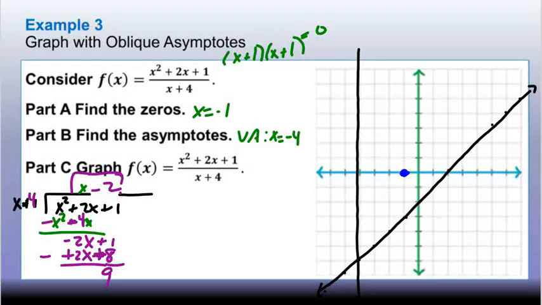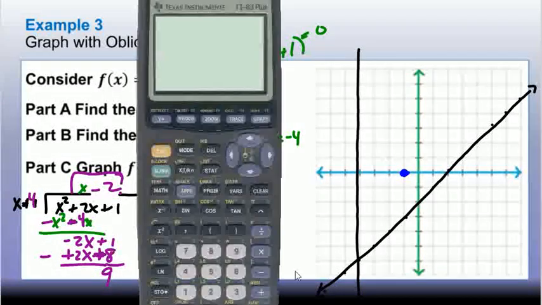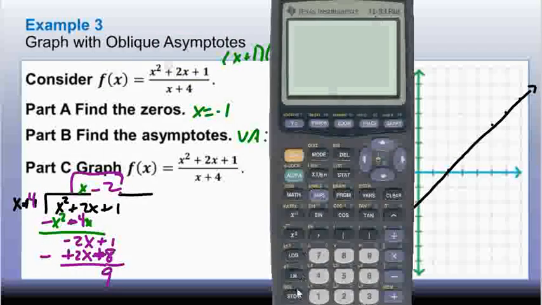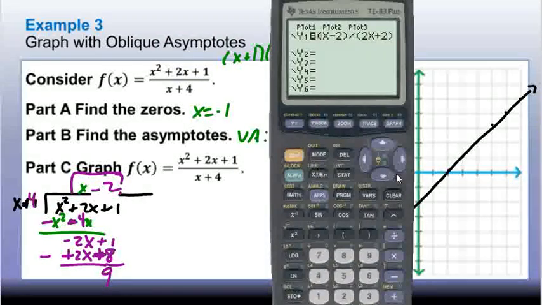Now I'm going to use a table of values to come up with other points. I'm going to do that with my calculator here. I'm going to type in the equation. In the numerator, I have x squared plus 2x plus 1 in parentheses, divided by x plus 4.